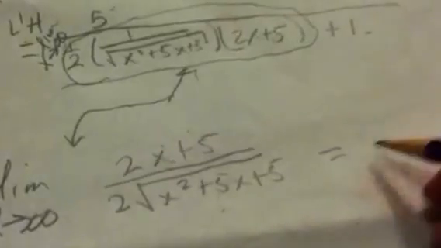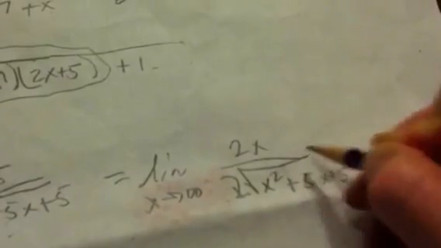Okay? So now the thing is that we can split this up into two pieces, which is the limit as x approaches infinity of 2x over 2 times the square root of x squared plus 5x plus 5, plus 5, a constant, over 2 times the square root of x squared plus 5x plus 5.